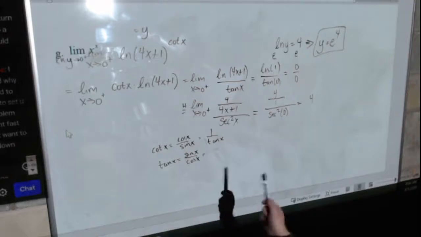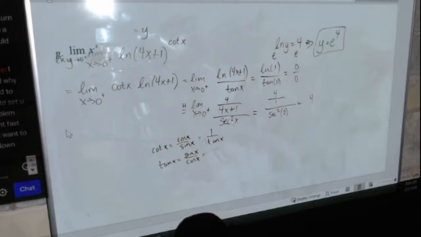So I just use that relationship to be able to write cotan as a function that you would put in the denominator.